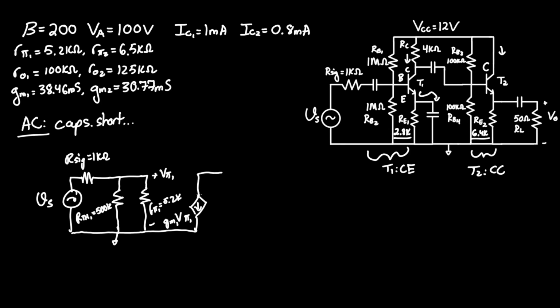And connected in parallel to this, we have our resistor RO1, followed by RC1. And that completes the first stage of this amplifier, T1. Fortunately, all of this is grounded, so it's nothing too complicated yet.